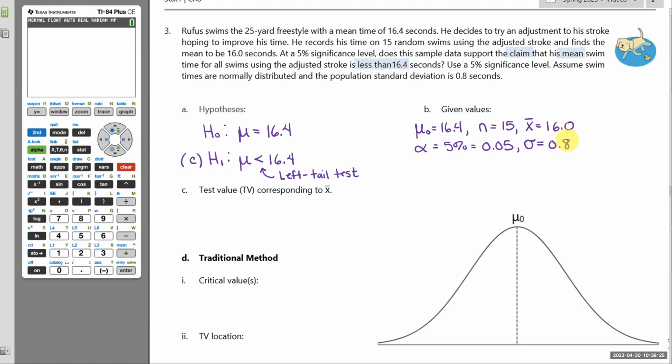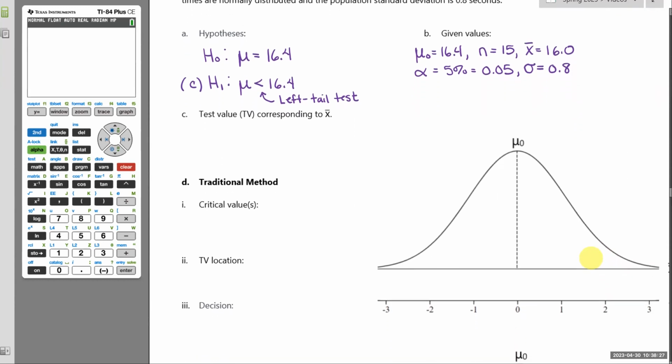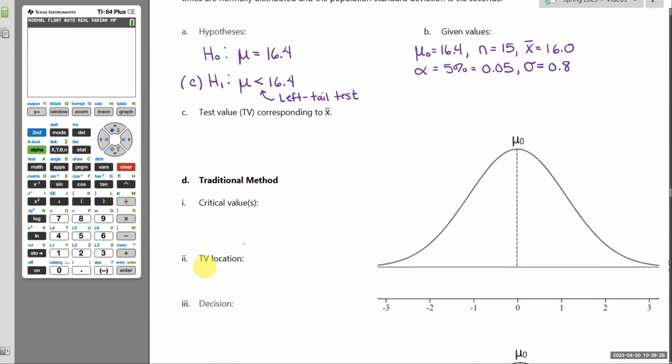Okay, so this time what I'm going to do is just set up the traditional method, and then I'll come back to the test value. So for the traditional method, of course, we have our mu naught. And now, because it's a left tail test, the area left of our critical value will be alpha.